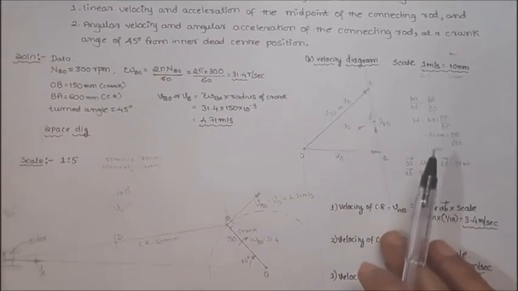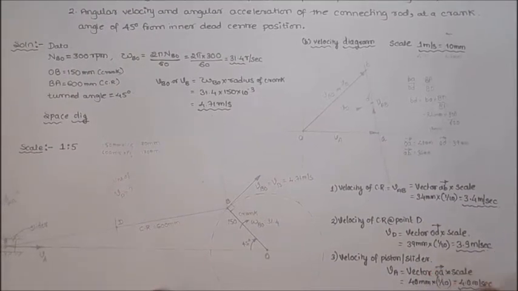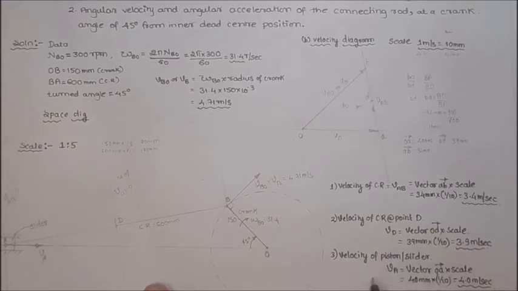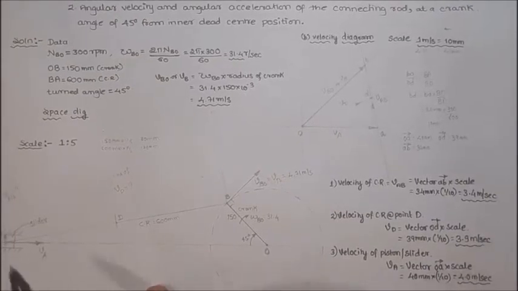So for best of our ability, what we did is we found the velocity of the connecting rod at point D, and velocity of piston and slider at A, that is VA equal to 4.0 meter per second.